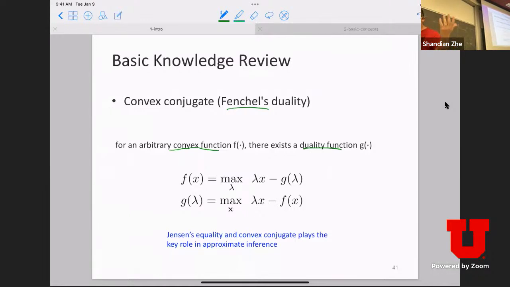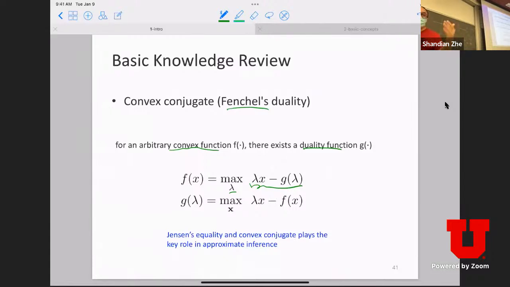So how can we represent them by each other? f of x is the maximum of another function that has two inputs, lambda and x. You maximize with respect to lambda, and this function is a linear term, lambda times x, minus g of lambda.